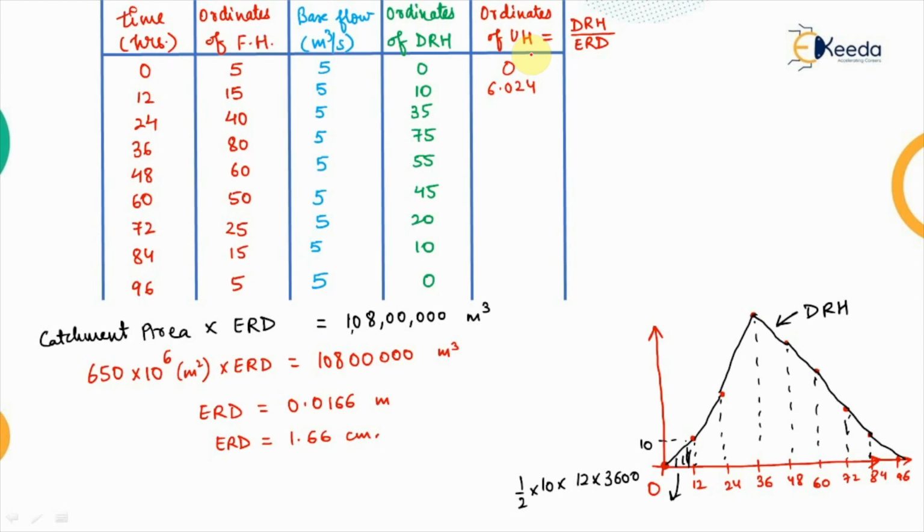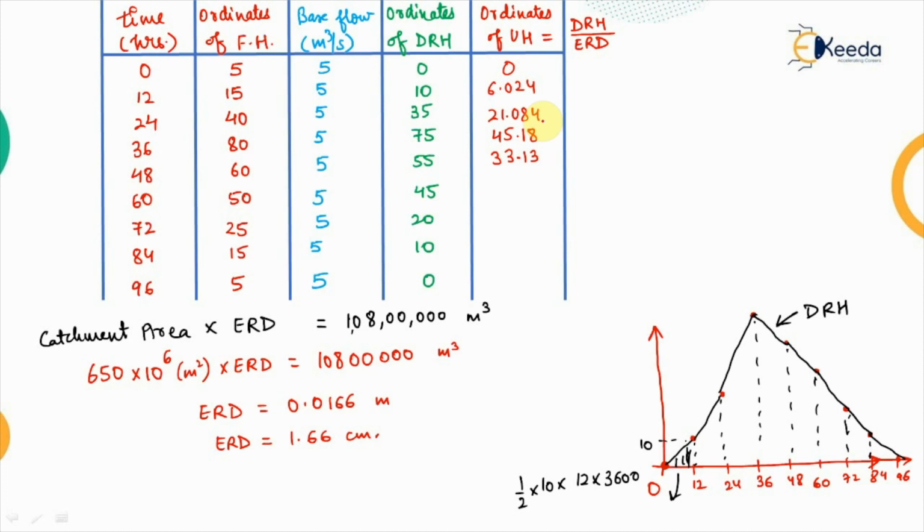Then dividing 35 by 1.66, this will be 21.084. Then 75 divided by 1.66, that is 45.18. Then 55 divided by 1.66, that is 33.13.